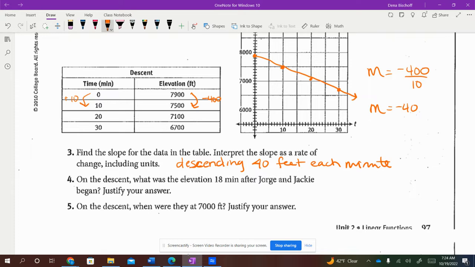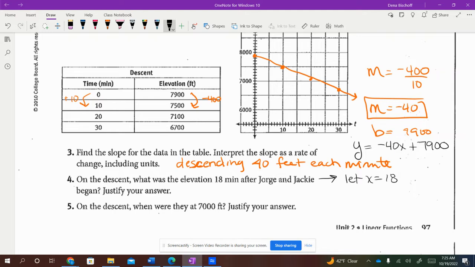On the descent, what was the elevation after 18 minutes? Justify your answer. Well, we know that our slope is negative 40. We know that our beginning value is 7,900. So let's write an equation for that. That's the equation y equals negative 40x plus 7,900. So let x equal 18.